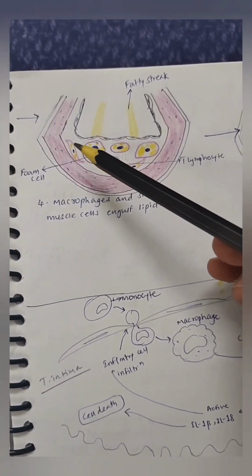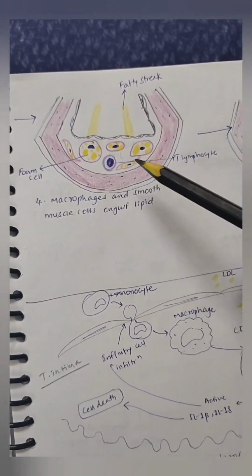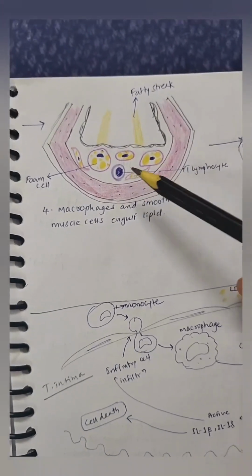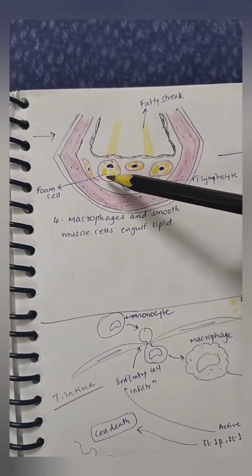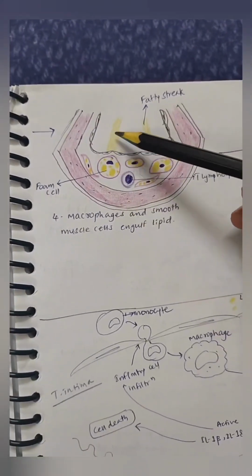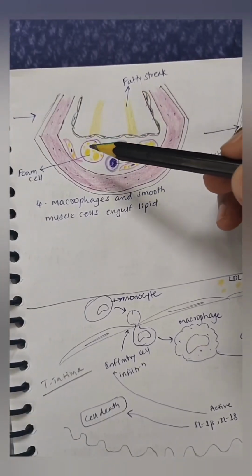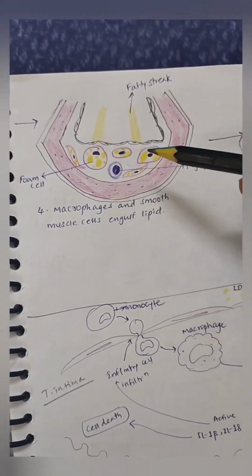Now smooth muscle cells are present in the tunica intima and they also engulf the lipid, and as it is a long process, so you can see fatty streaks are nothing but the streaks means lines, right? So fatty lines which are seen from the lumen.